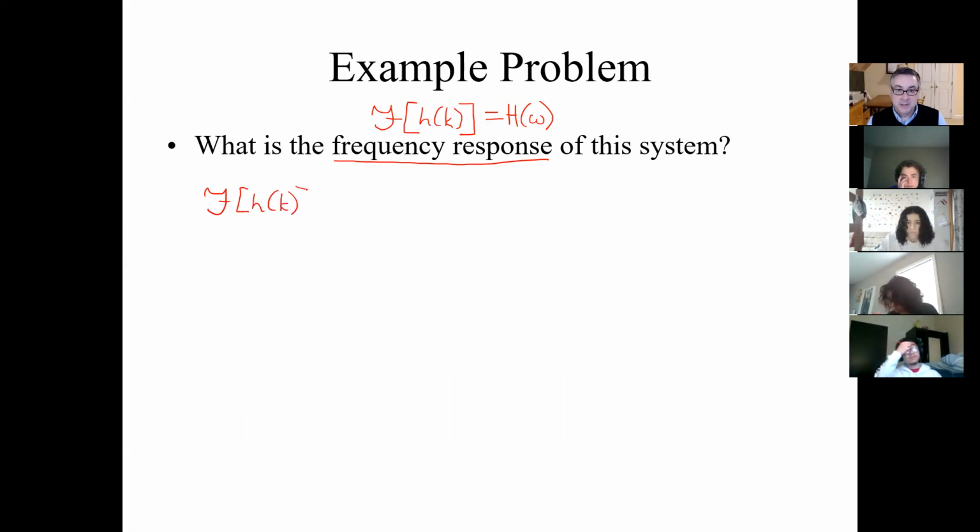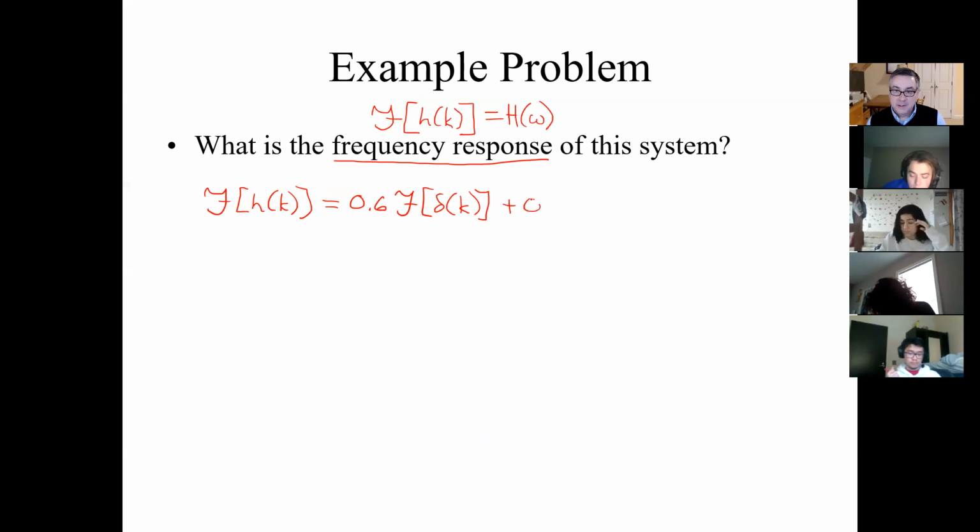And so I'm going to say, okay, Fourier transform of h of k then is going to be the first element, and scalars come out, right, because it's linear. And the first element was a delta of k. And then the second element was 0.3 times the Fourier transform of a shifted delta function. So that's a delta of k minus 1.